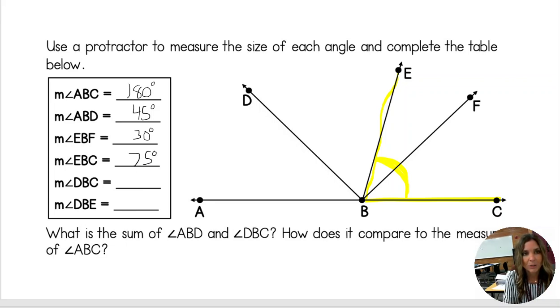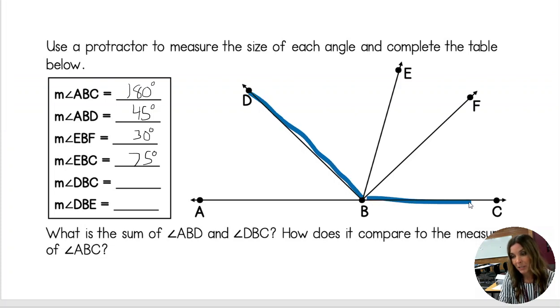Then we have two more to do. The next one that we need to do is DBC. Remember we start at D. So that's a pretty big angle actually. The measure of that angle, this measure right here, is going to be 135.